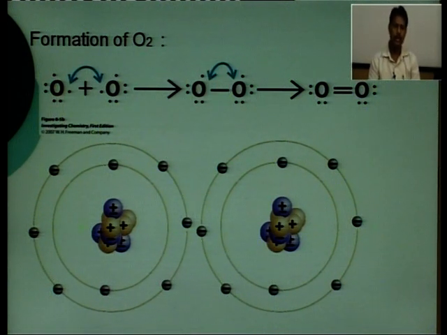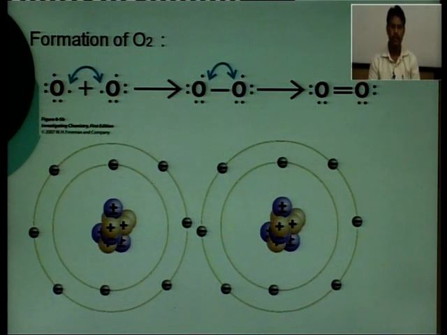Out of these 6 electrons, 4 electrons are in paired form, called lone pairs of electrons. The outer electron configuration of oxygen is 2s2, 2p4, and in the picture above, 2 electrons at each oxygen are unpaired.